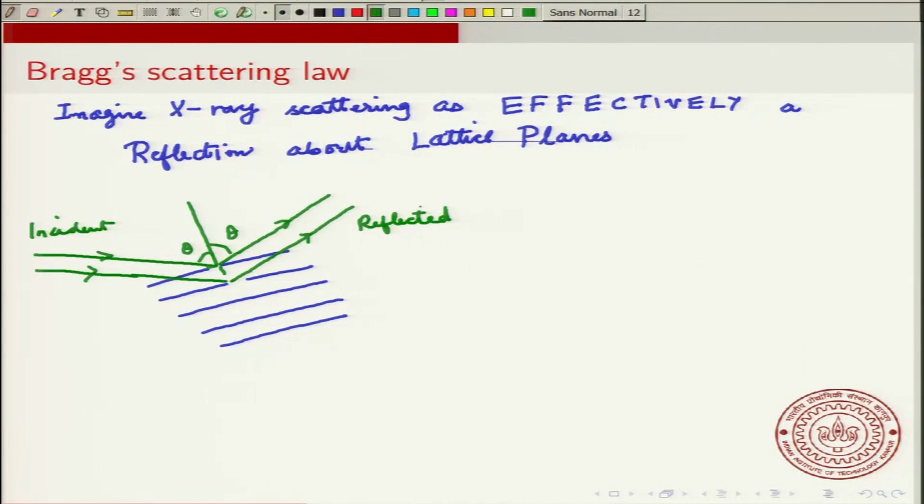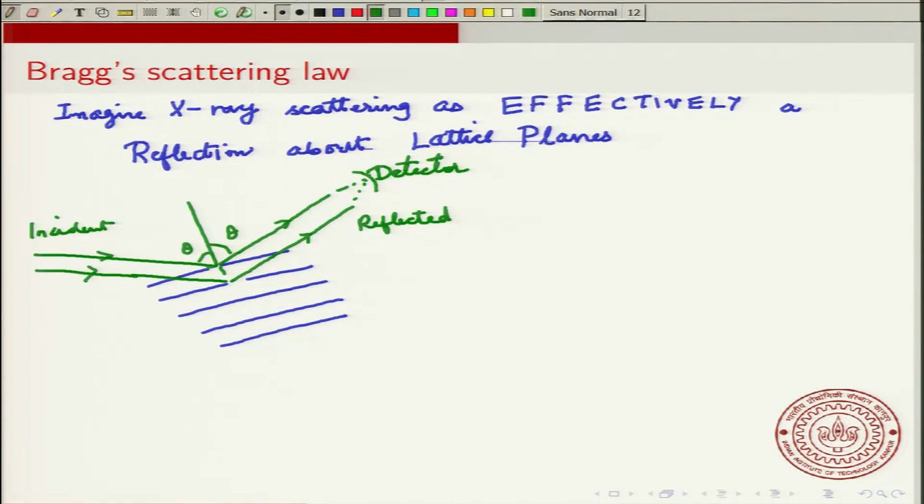There is going to be some interference here. If you put a detector here, you have to see whether these two beams interfere constructively or destructively at the detector.